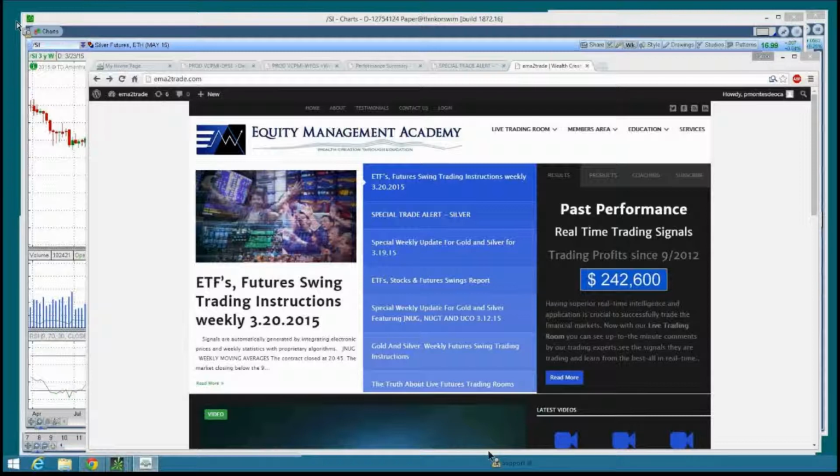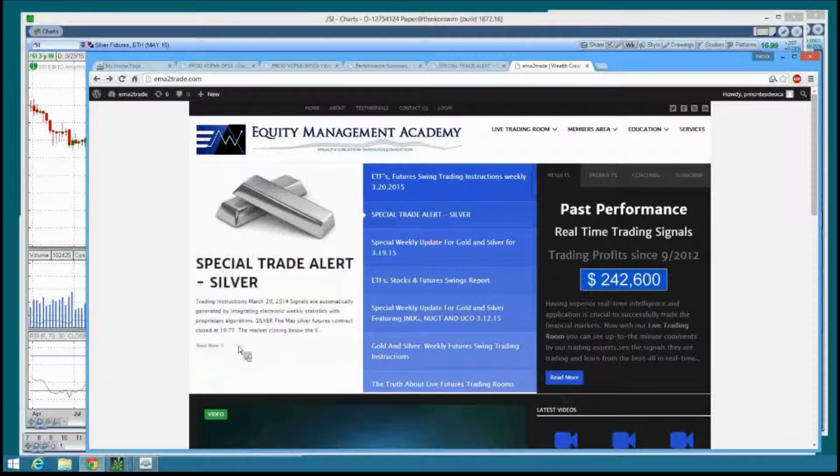What I would like to do on this segment is focus on a report that was published just a couple of days ago for the silver market, a special trade alert in silver.